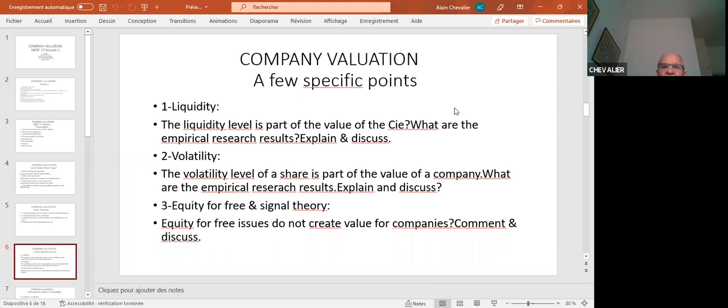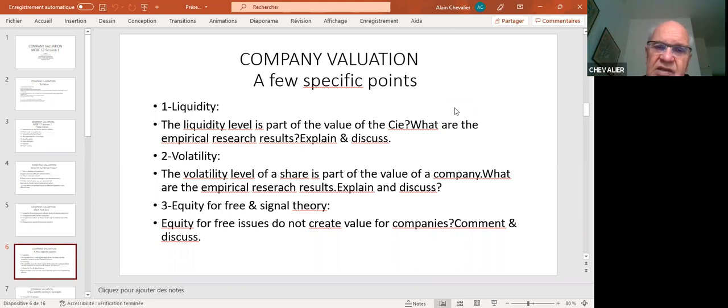And volatility is instability. It means simply, if the price of a share on the market is moving from 100 to 120 instead of a traditional 100 to 105 each day.